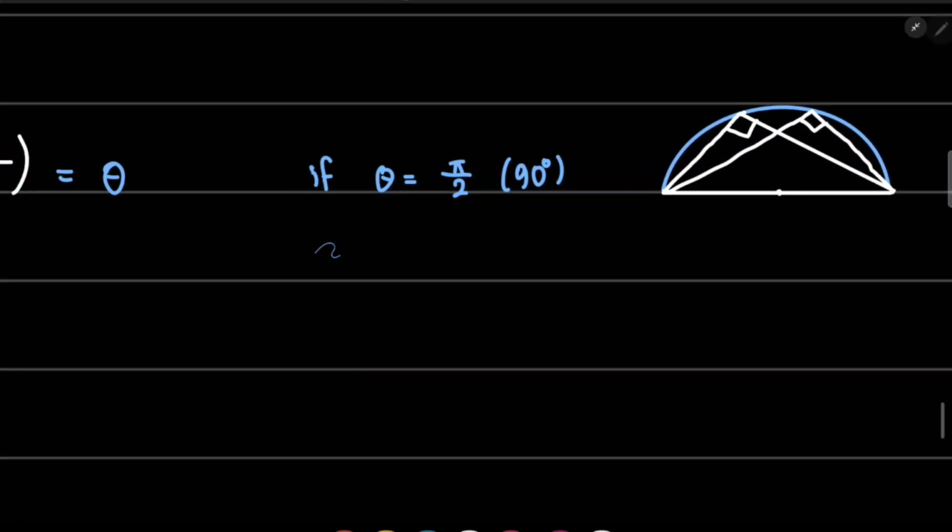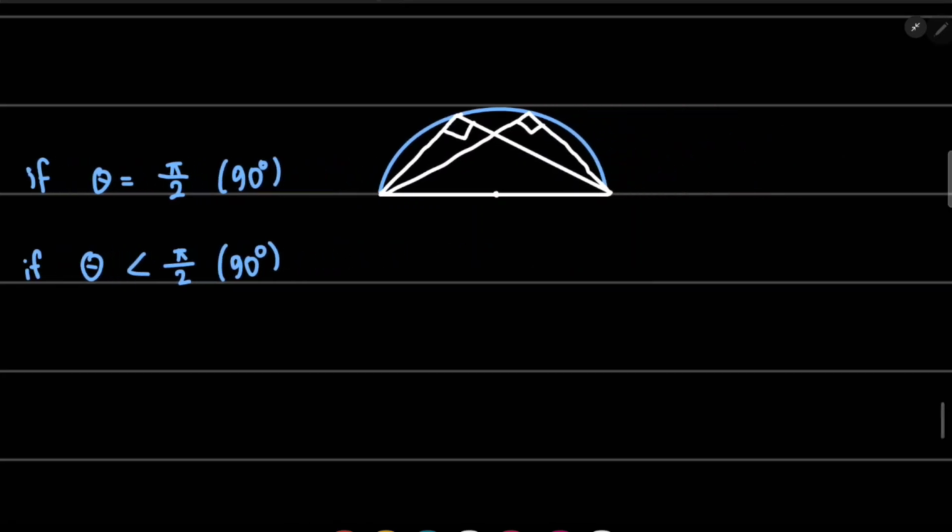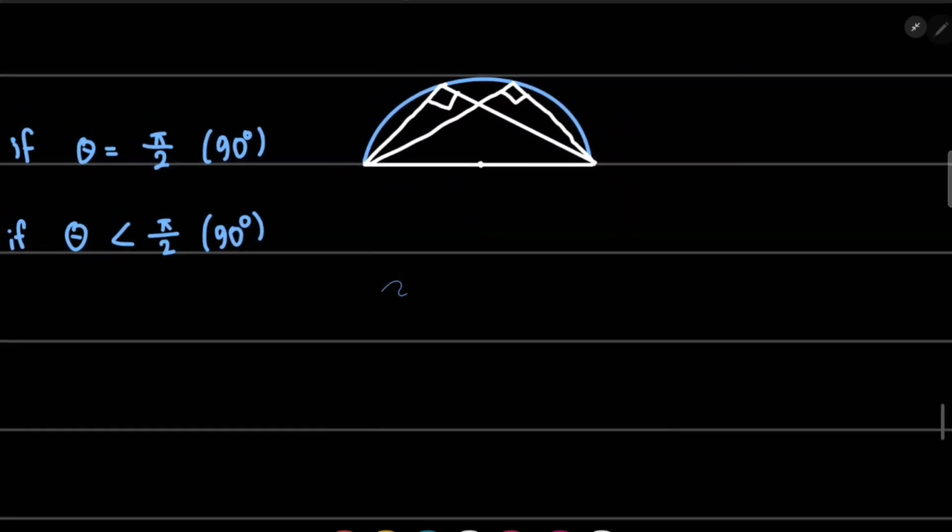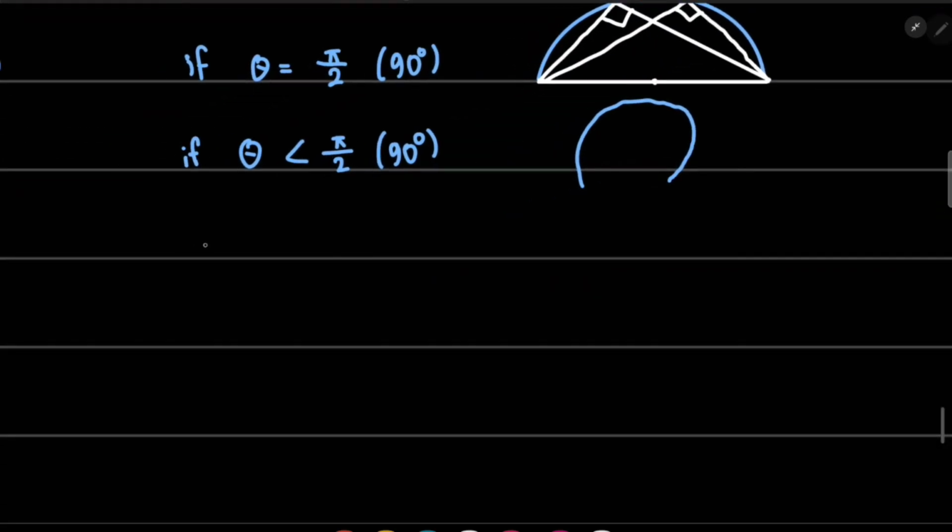And if theta is less than that, so theta less than pi by 2 or 90 degrees, it will be the major arc. So it will be like this. It will cover the majority of the circle. And otherwise, if it's greater than pi by 2, we'll have the minor arc, so the smaller part.